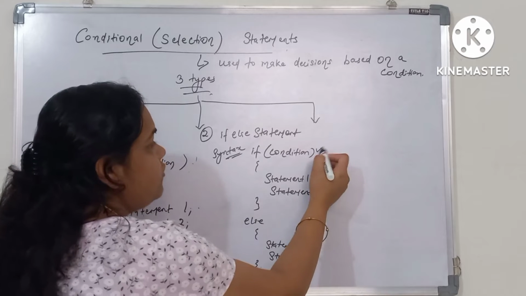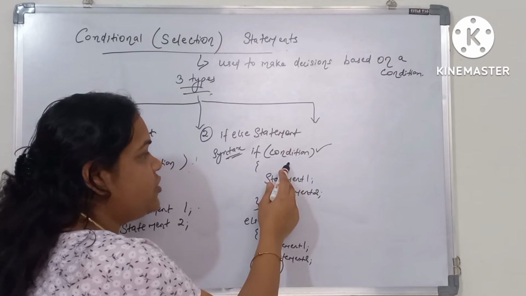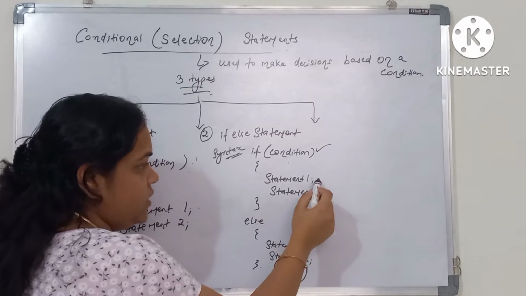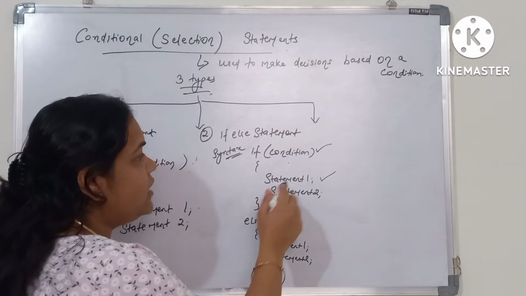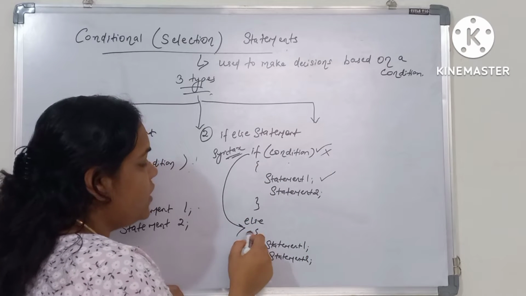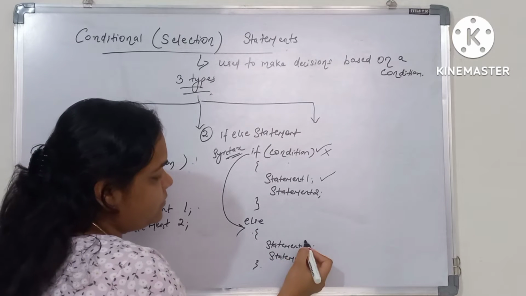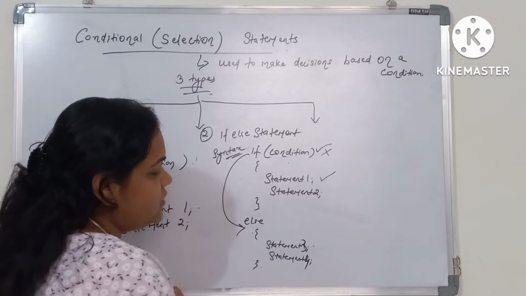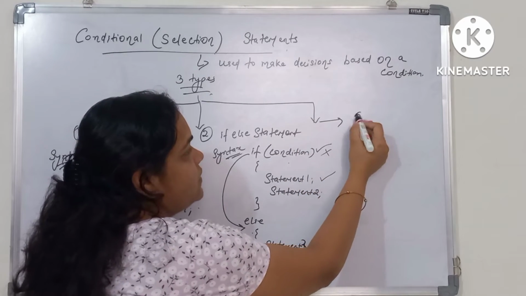Clear? First of all, this condition will be checked. If this condition is true, then we go to statement 1. Otherwise, if this condition is false, then we go in the else part and execute statement 3 and statement 4. Clear?